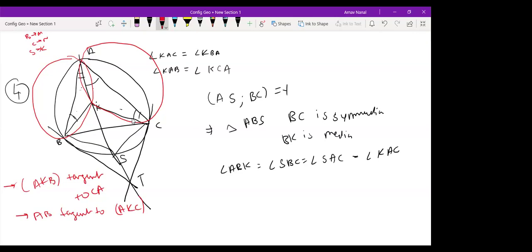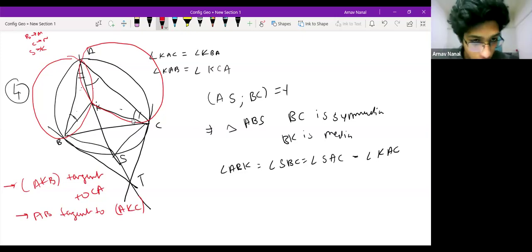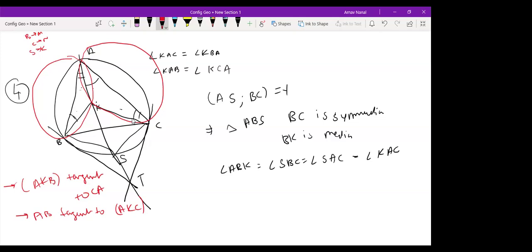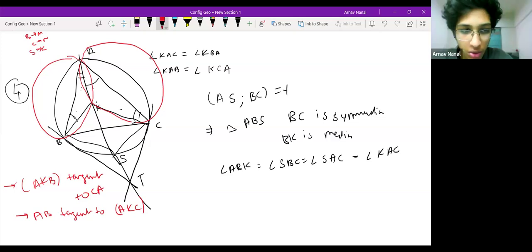But how do you get that AS and BC is a harmonic bundle? Okay, because in a cyclic quadrilateral, tangents at B and C intersect on T, and T lies on the line AS. So ABSC is a harmonic quadrilateral.